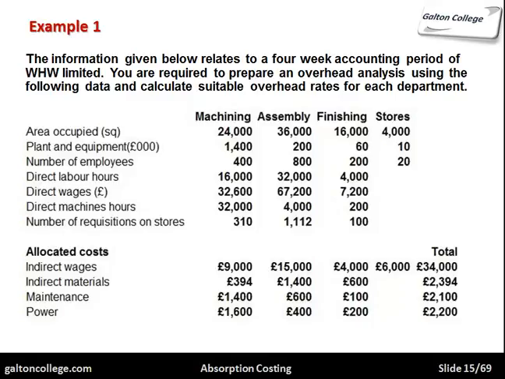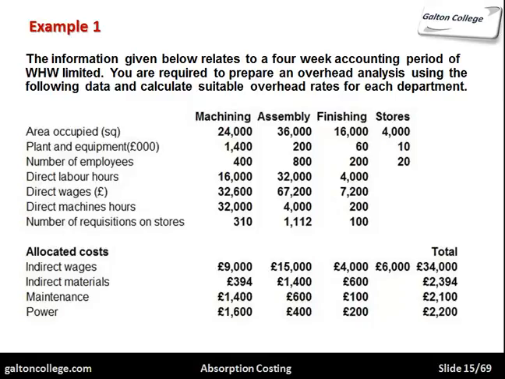So we're given this information. We've got machining, assembly, finishing and stores. So we have 4 departments. And then we're given information about the area each one occupies. Machining, for example, has 24,000 square foot. Assembly has 36,000 square foot. Stores has 4,000 square foot. It's got plant and equipment in thousands of pounds.